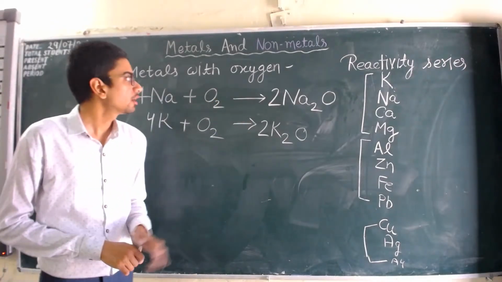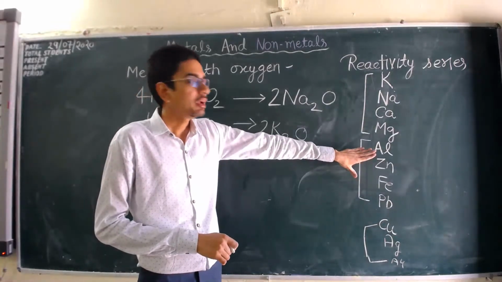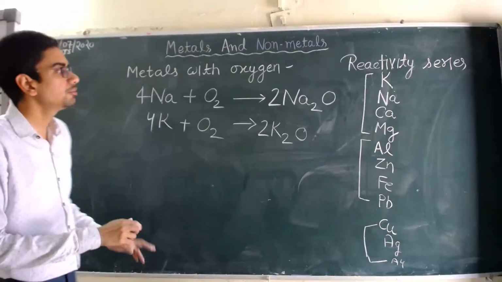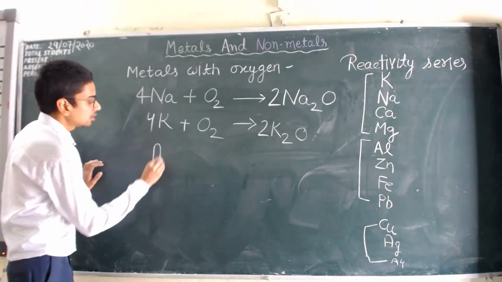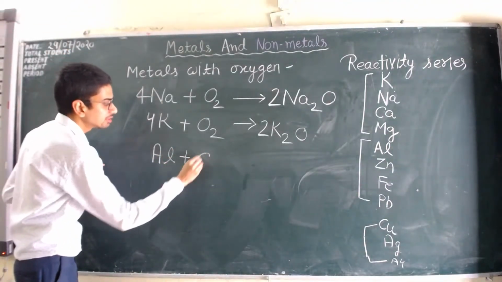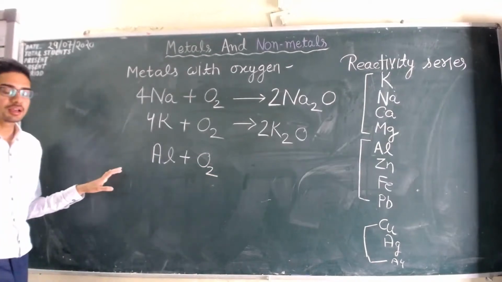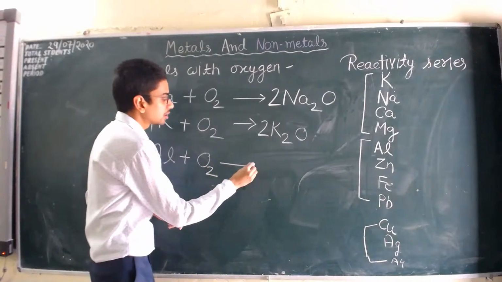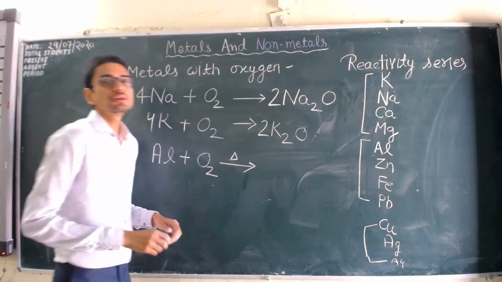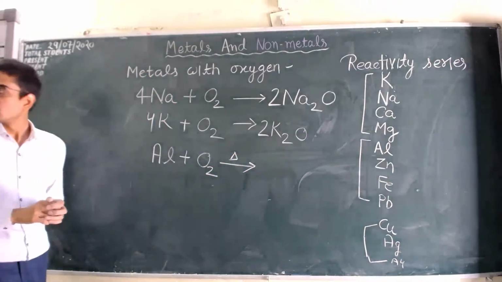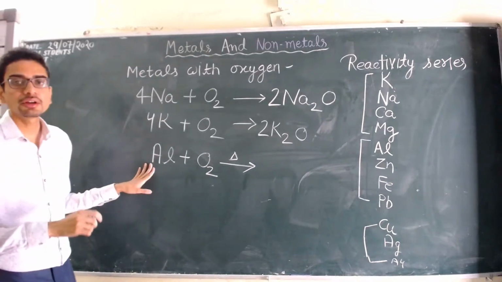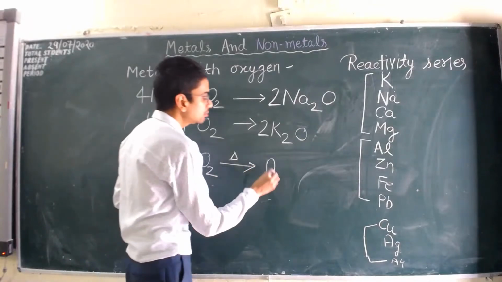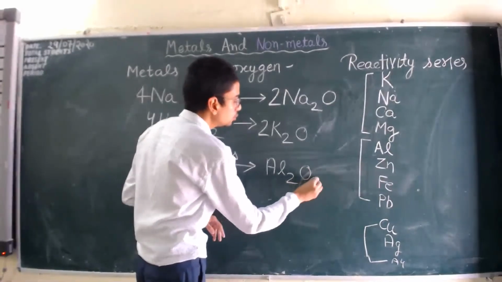Now, if we react the moderately reactive metals with oxygen, for example, aluminium plus oxygen. Aluminium reacts with oxygen, you give some heat. Aluminium will not burn in air, but you have to give some heat to form aluminium oxide, Al2O3.